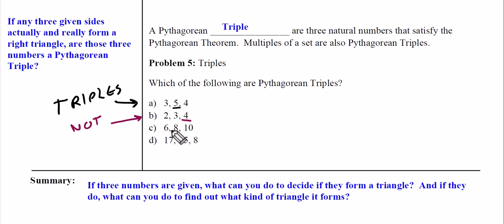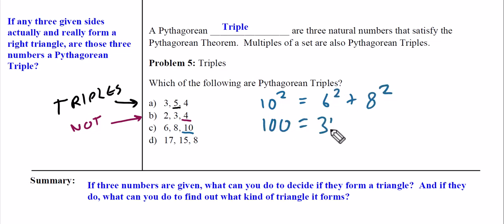Next, C, 6, 8, 10. This is my bigger number, so that's my hypotenuse. 10 squared, 6 squared, 8 squared. 10 squared is 100. 6 squared is 36. 8 squared is 64. Add those up. I get 100. They're whole numbers and they're equal. That's a triple.